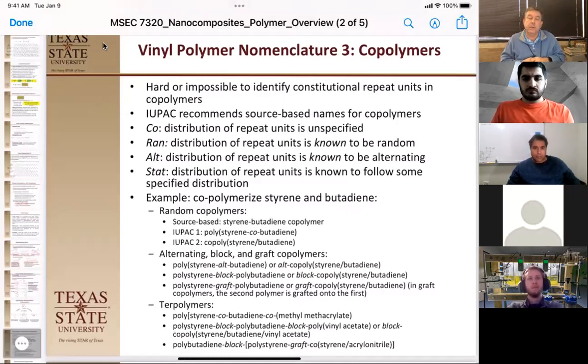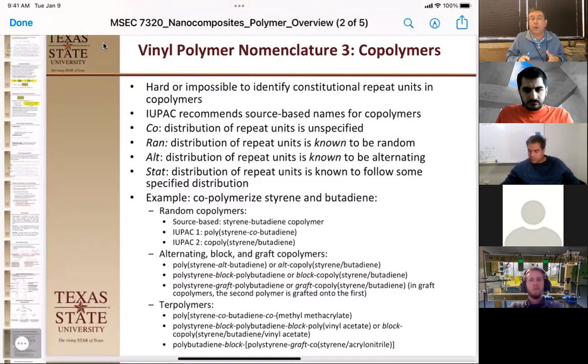And so if you haven't analyzed it by some detailed method, most of the time everybody will just put co on there. However, if you know that you have the feedstocks and you put them in at the correct ratio at the correct times so that you have a random distribution, you can actually say that it's a random copolymer. Some things are better to be random than non-random.